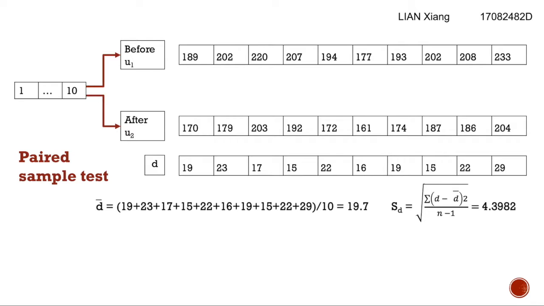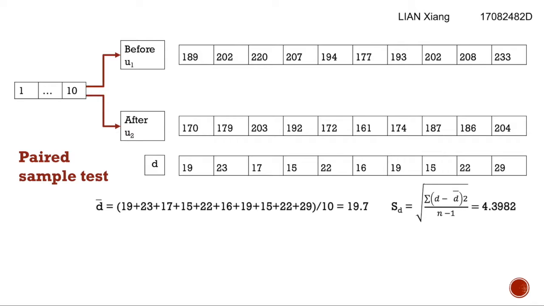Their weights after the program are 170, 179, 203, 192, 172, 161, 174, 187, 186, and 204.